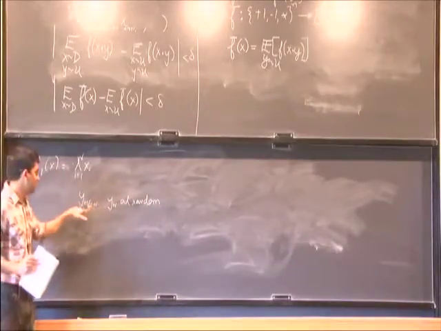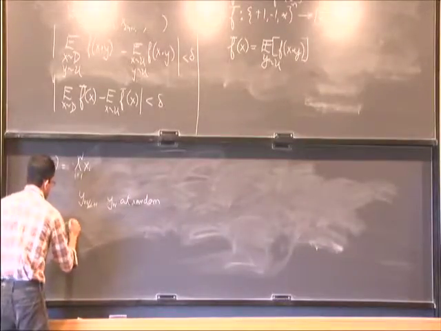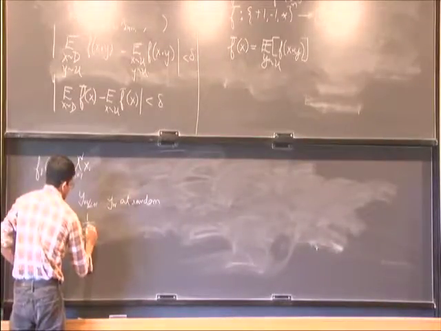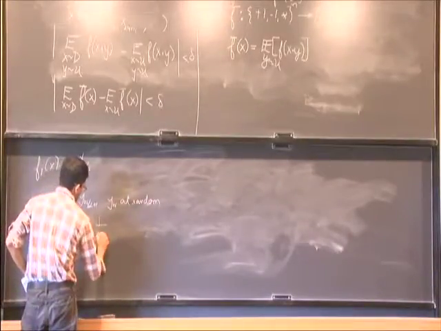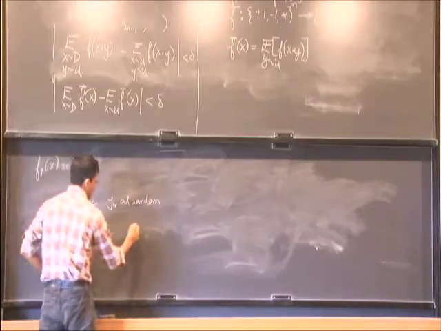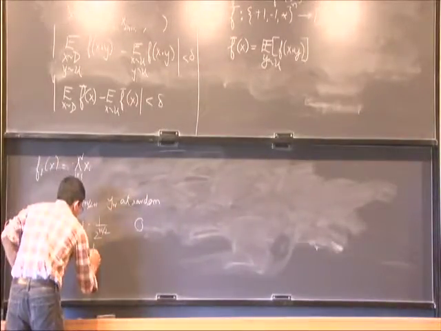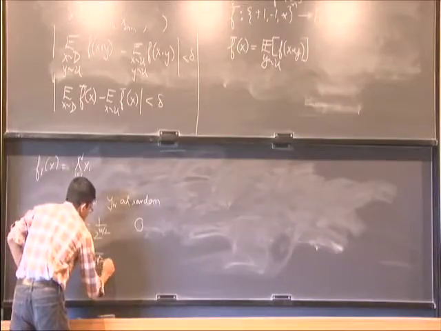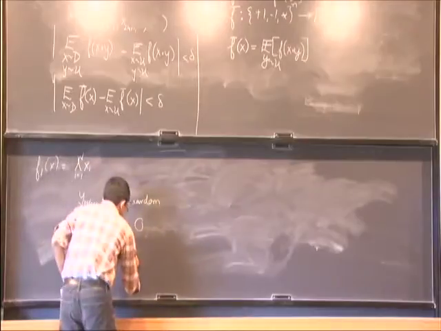When I sample these y's at random, most likely the clause will just vanish, because it's an AND and one of these variables will be set wrong. So with probability 1 minus 1 over 2 raised to w over 2, I'll just get the 0 function. With probability 1 over 2 raised to w over 2, I'll get the AND function on the first w over 2 variables.